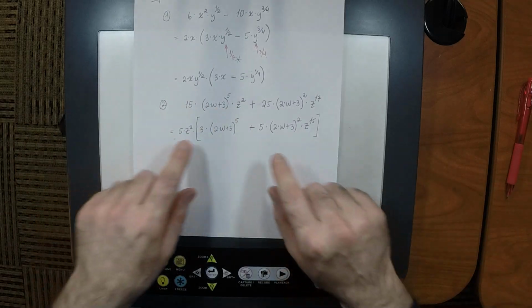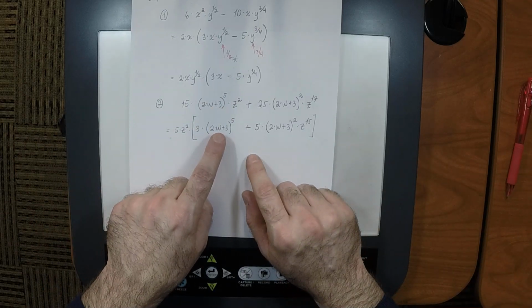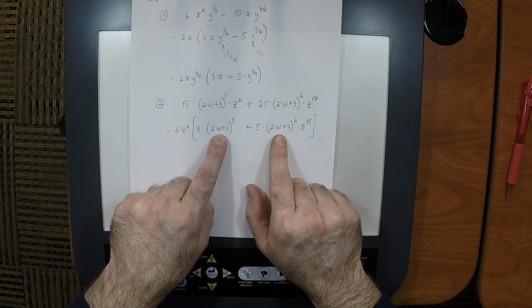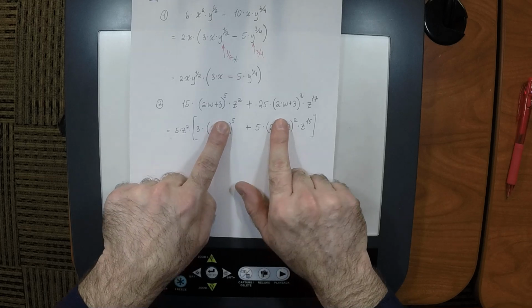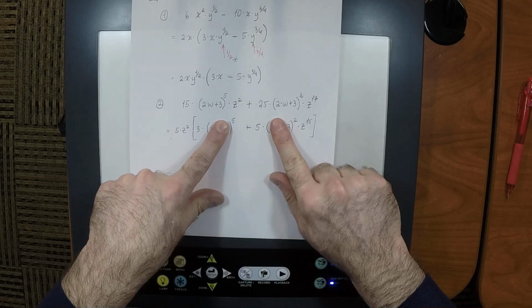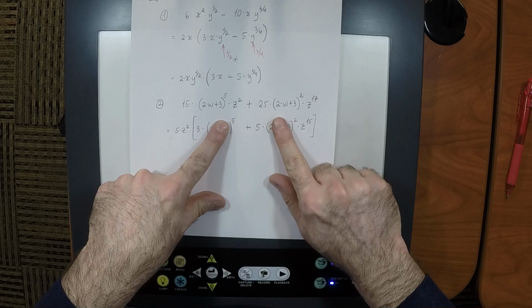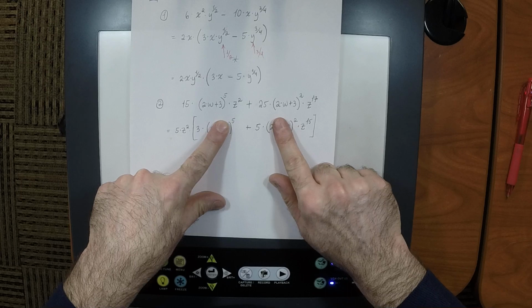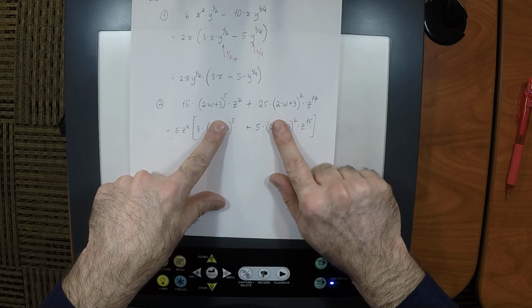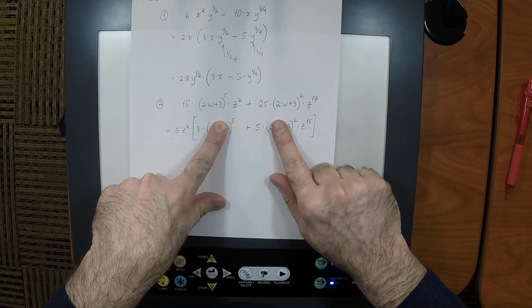Do you see that 2w plus 3 is in both places? So if I just cover this up and call it banana, then here we've got banana to exponent 5, and this one has a banana to exponent 2. So then how many can come out? 2.